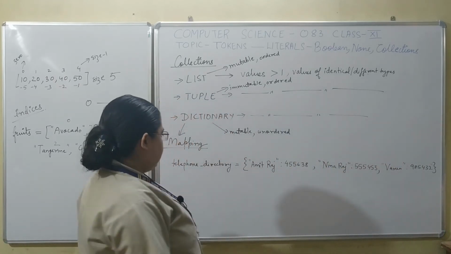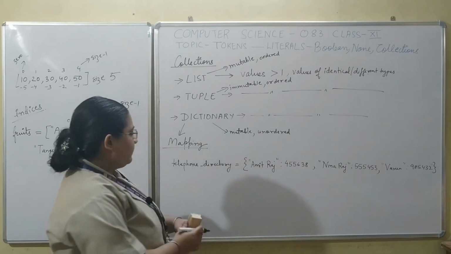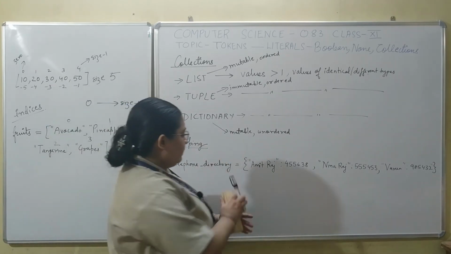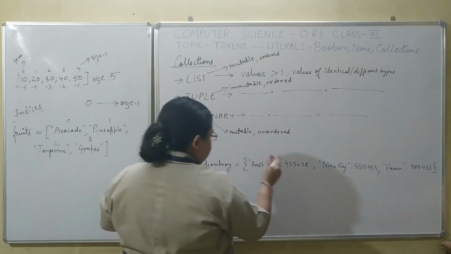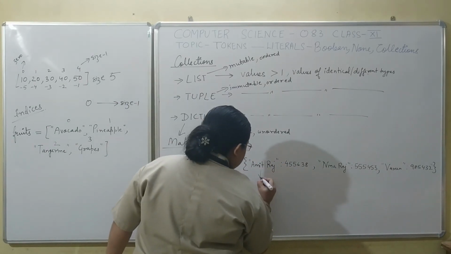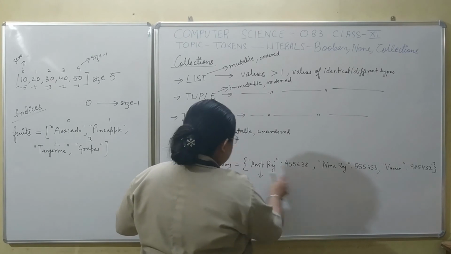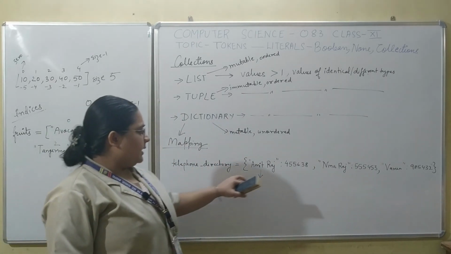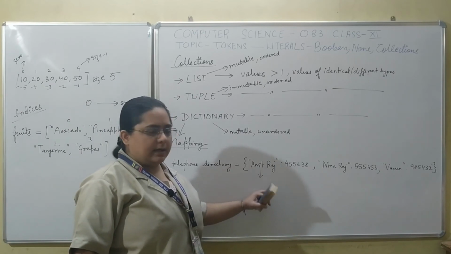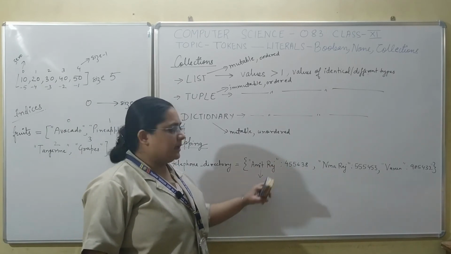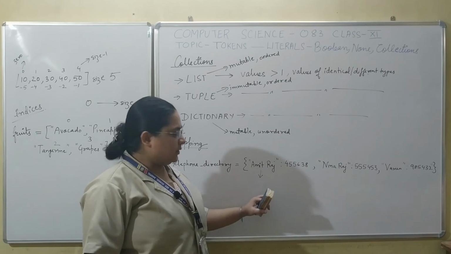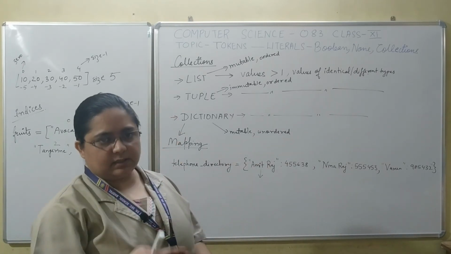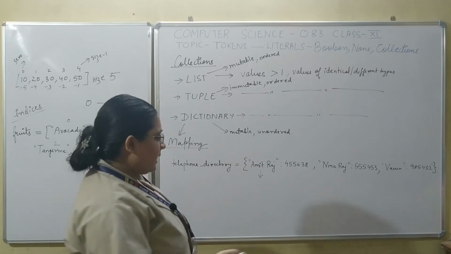So you can see that we can create mapping or dictionaries in this way, where we would have key value pairs. Here this particular dictionary shows names of persons and phone numbers associated with every name. After all, that's what a telephone directory is all about. It will contain the customers' names and their telephone numbers.